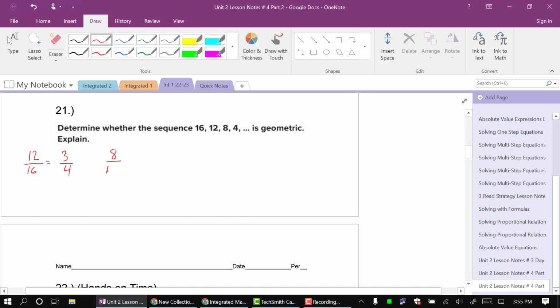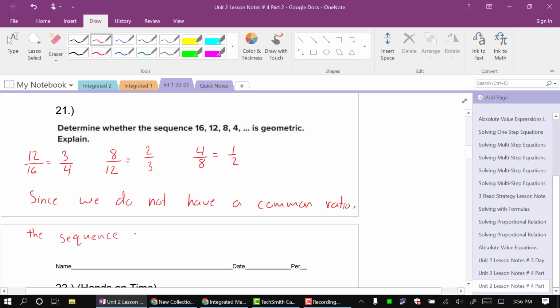8 divided by 12. When I reduce that down, that gives me 2/3. And then 4/8. When I reduce that down, that gives me 1/2. Since we do not have a common ratio, the sequence is not geometric.